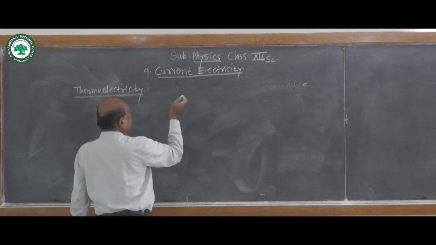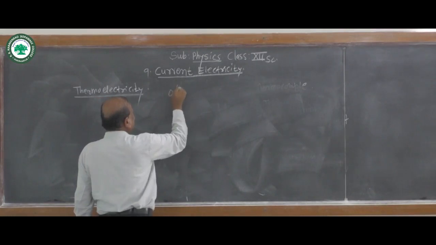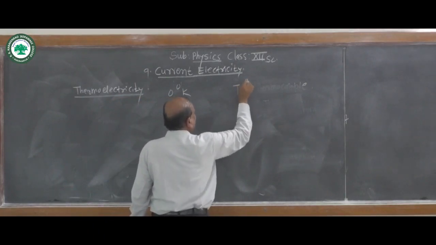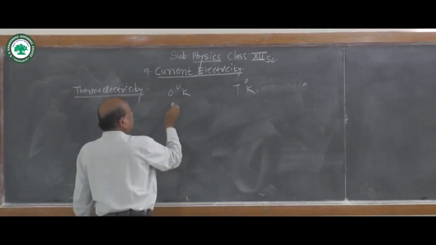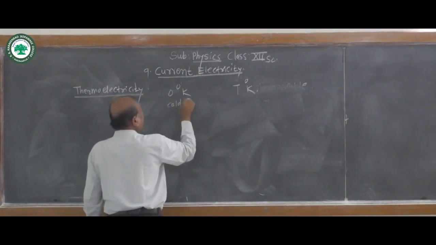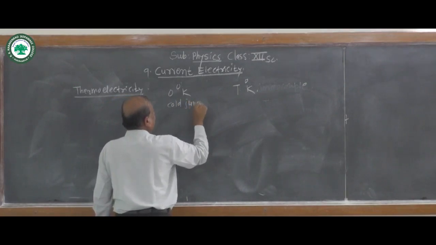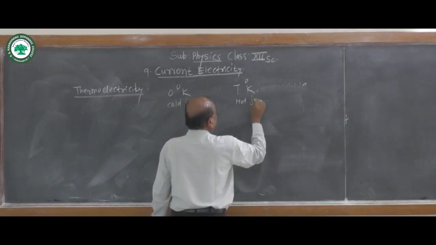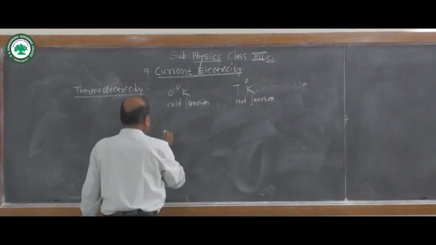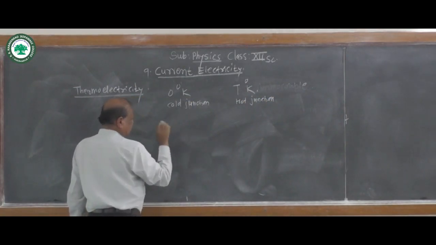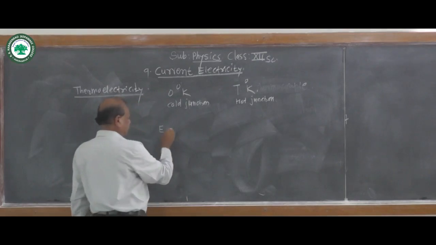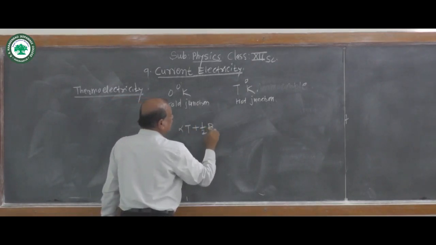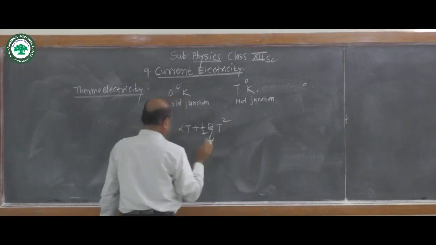If the temperature of the cold junction is about 0 degrees, and the temperature of the hot junction is T degrees, then the thermo EMF generated in this thermocouple is given by alpha T plus 1/2 beta T square.